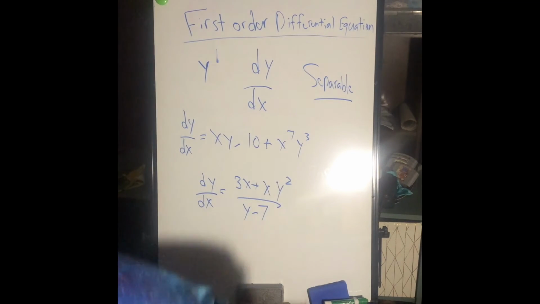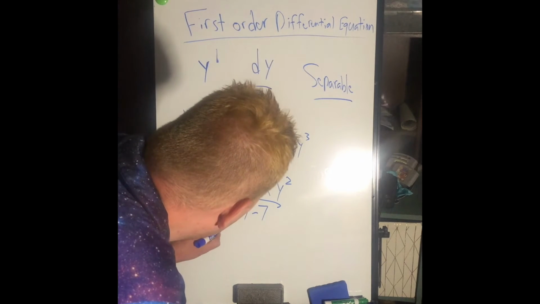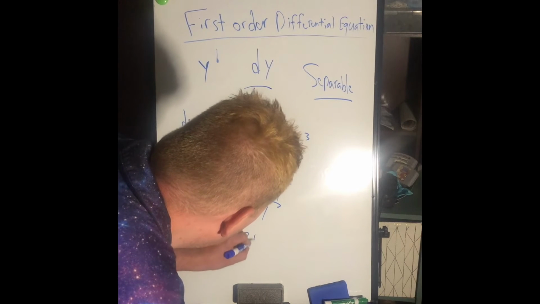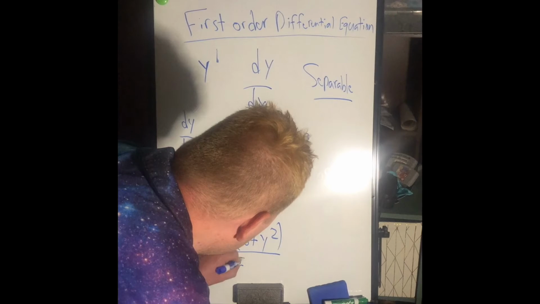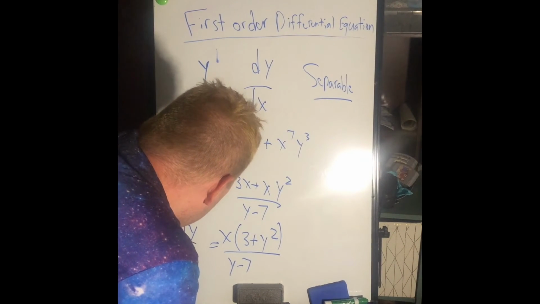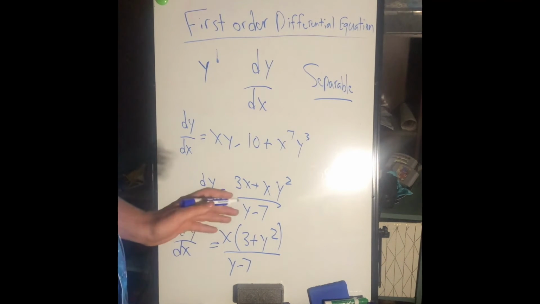We can do something like this where we factor out an x times (3 plus y squared) over (y minus 7) is equal to dy over dx. And we're almost there.